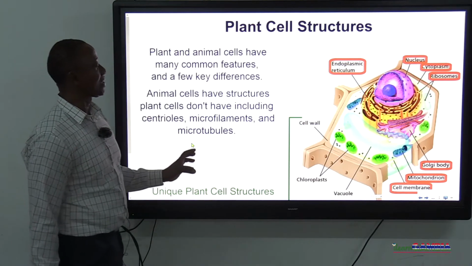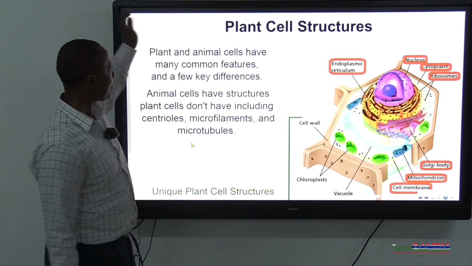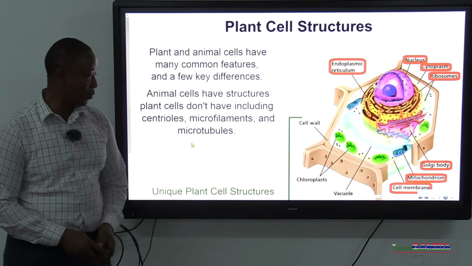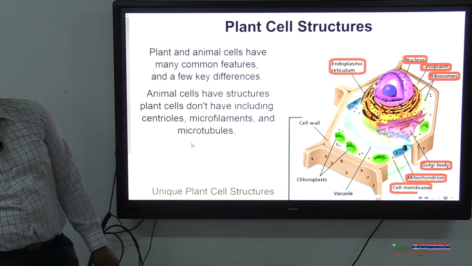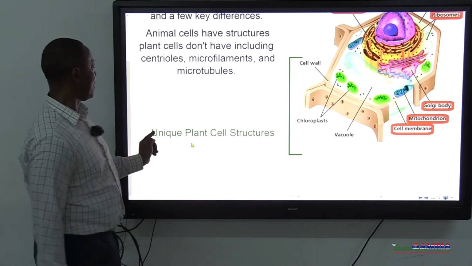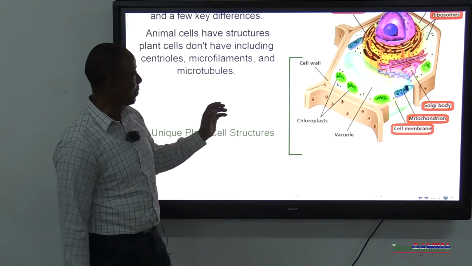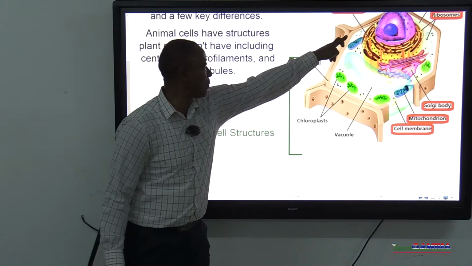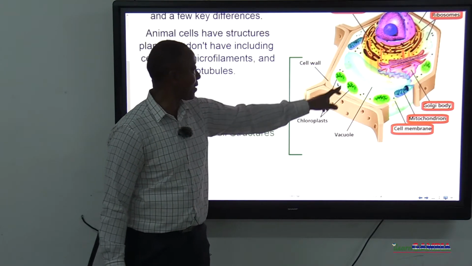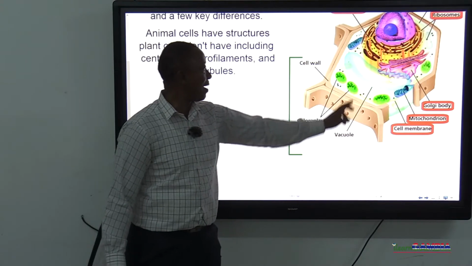But then plants have other structures that are not found in the animal cell. And those are the things we are going to look at. If I raise this picture a little bit, you can see that the structures found only in the plant cell include the cell wall, this yellowish structure you're seeing, and then the chloroplast, and a vacuole.